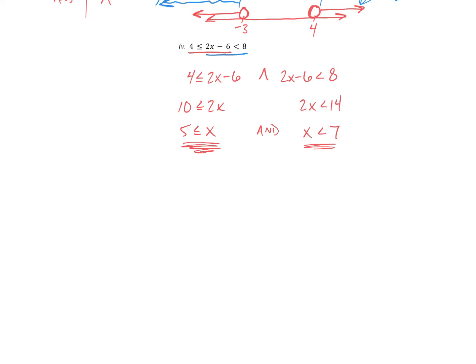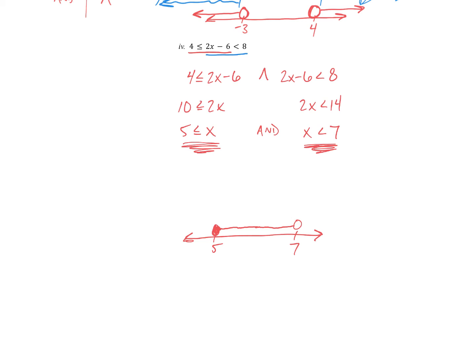So much more restrictive. If I make a number line here and I put 5 and 7 on it, well, I have to take any number that's greater than or equal to 5, but at the same time, they need to be less than 7. So this is where I will find my solutions, between 5 and 7, not including 7, but you may include 5.